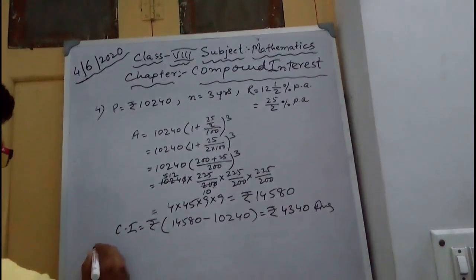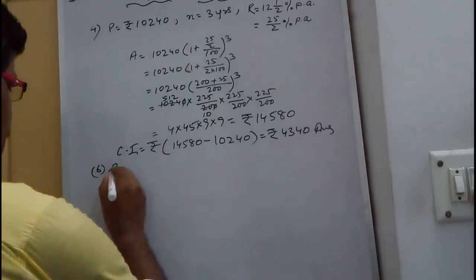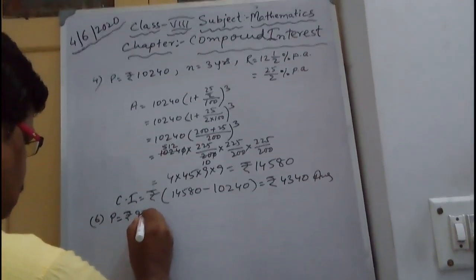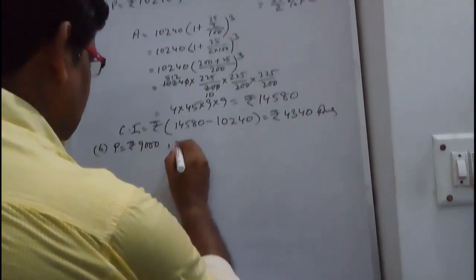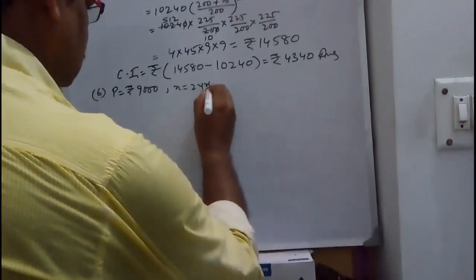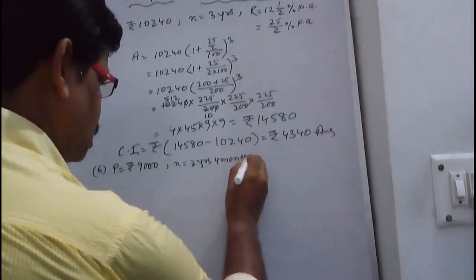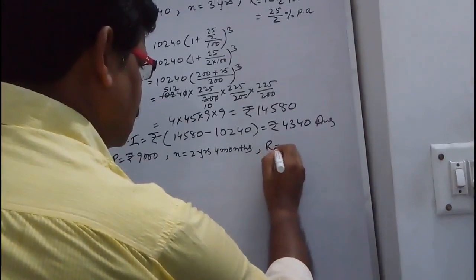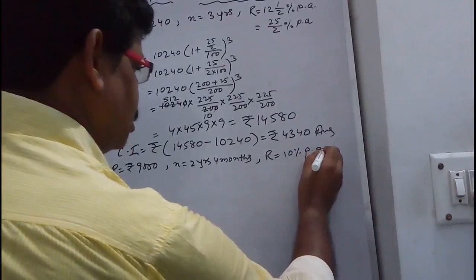Next question 6. Principal rupees 9,000, time equal to 2 years 4 months, and R equal to 10% per annum.